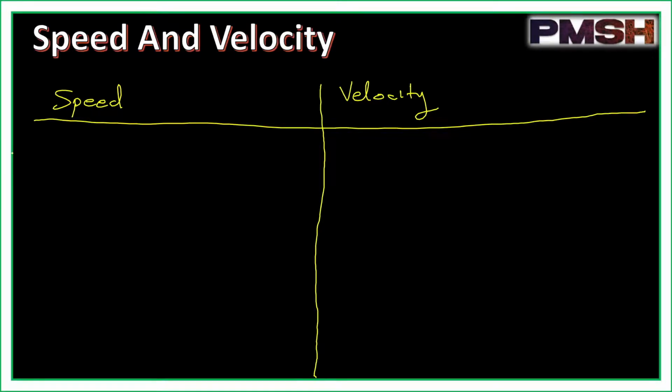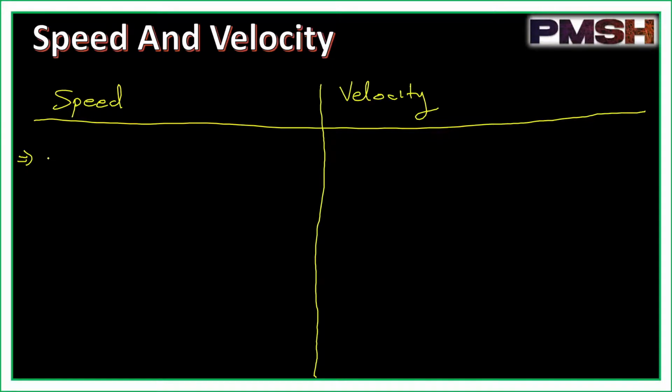Speed means the distance traveled by a body in a unit time. There are many units for time, right? Like second, minute, hour. Whatever it may be, the distance traveled by the body in a unit time is called speed.